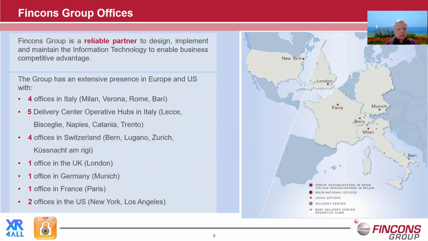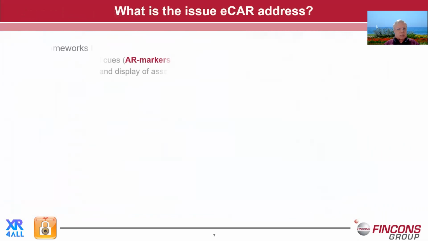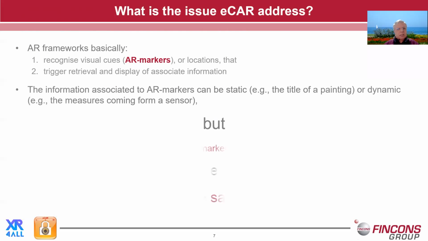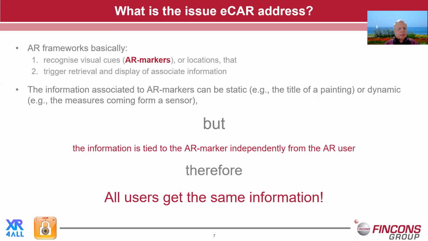Let's come to the eCAR project. So what is the issue that we try to address in eCAR? Augmented reality frameworks are based on visual cues called markers that are recognized by an augmented reality application, and the recognition of a marker triggers the retrieval and display of the information that has been associated to the marker using an augmented reality mode.